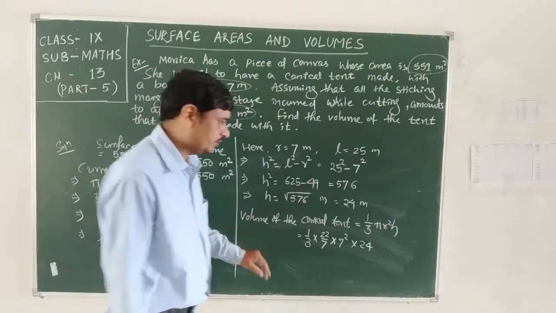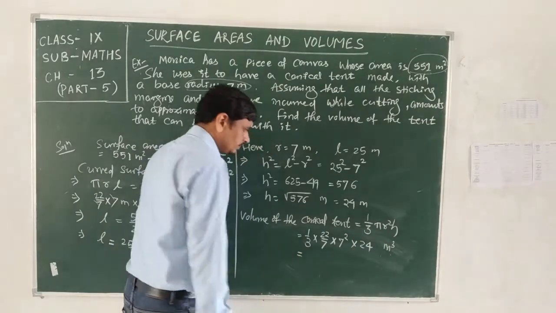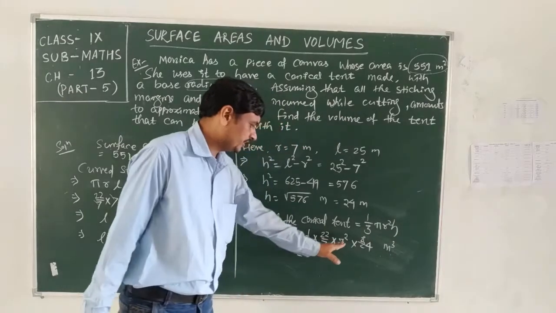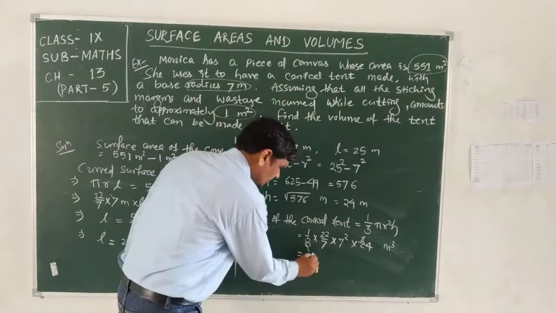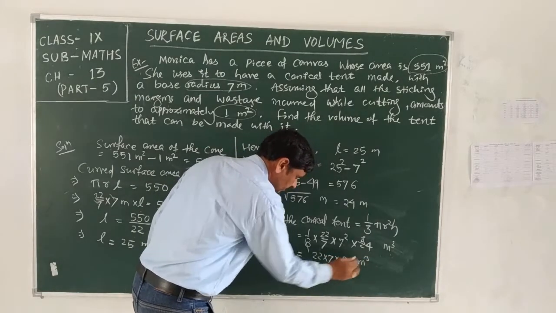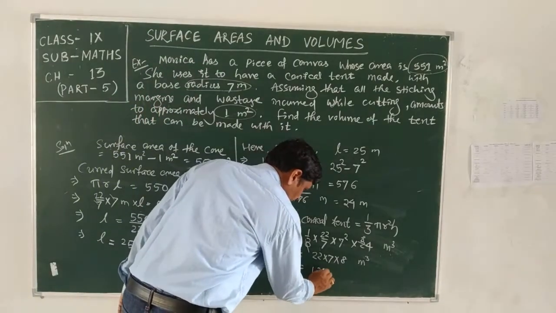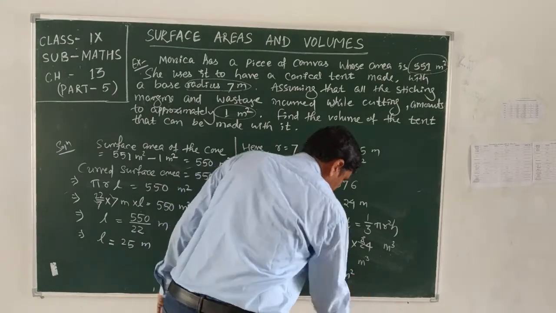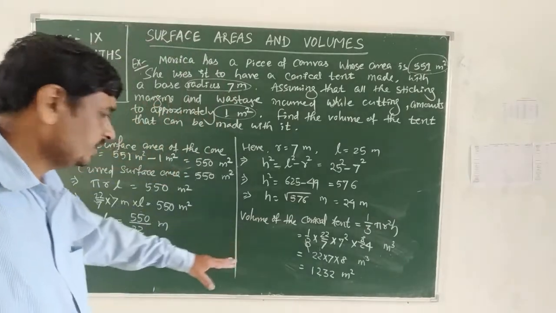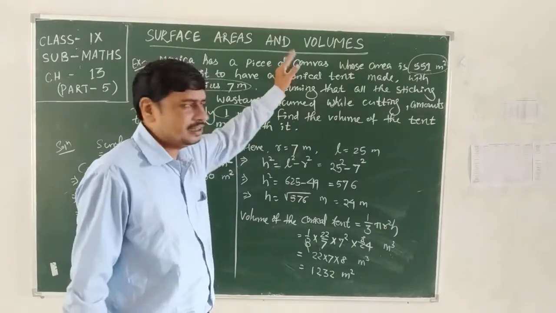The unit will be meter cube. 49 and 7 will be cancelled. It remains 22 into 7 into 8 meter cube. This implies 1232 meter cube. This 1232 meter cube is the volume of the tent that will be built with the given canvas.